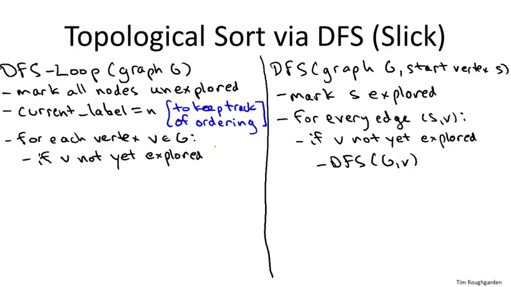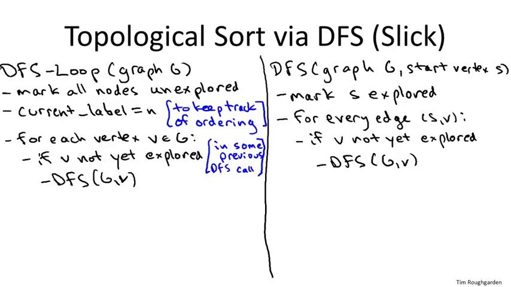So the final thing I need to add is I need to tell you what the f values are, what the actual assignments of vertices to positions are. And as I foreshadowed, we're going to use this global current label variable, and that'll have us assign vertices to positions from right to left. Very much mimicking what was going on in our recursive solution, where we plucked off sink vertices one at a time. So when's the right time to assign a vertex its position?